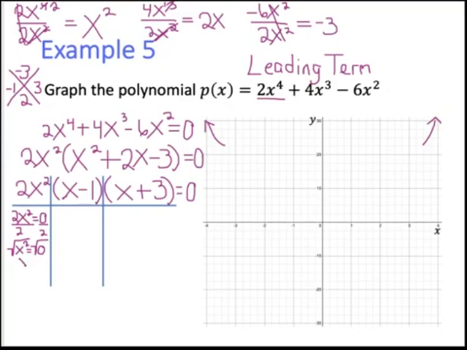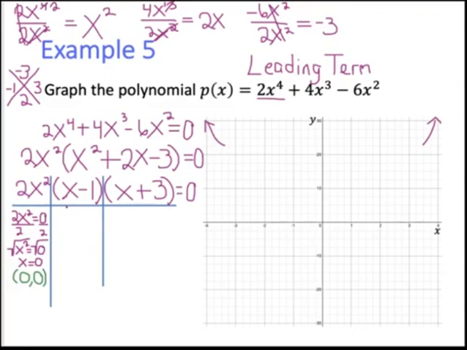So I get x equals 0. So my x-intercept is going to be the point 0, 0. And then we have the factor x minus 1.